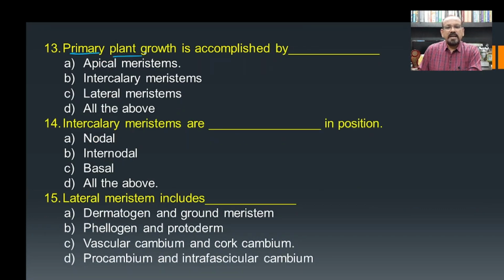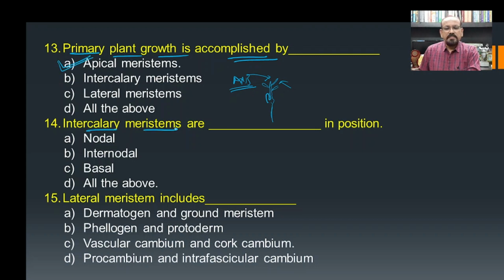Then, primary plant growth is accomplished by: primary plant growth means growth after the germination of the seed. So here there will be the primary growth, and even before the development of the leaves there is growth of the axis, and this growth of the central axis is carried out by the apical meristem.